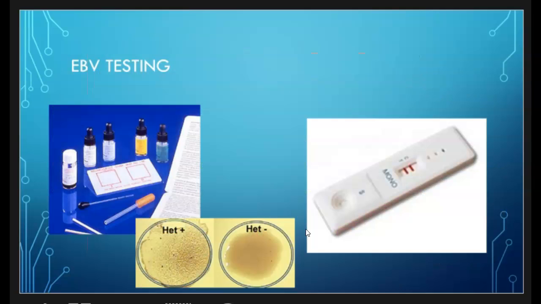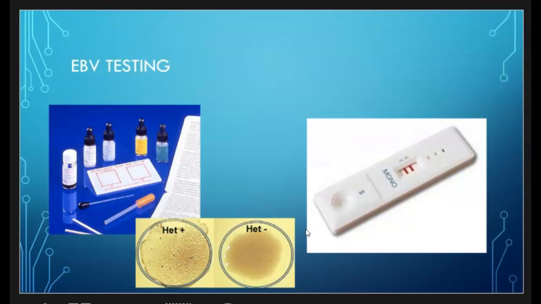Now, in serology, we can do the heterophile antibody. Heterophile antibodies are antibodies that are capable of reacting with similar antigens from 2 or more unrelated species. The heterophile antibodies associated with infectious mono are IgM antibodies, capable of reacting with horse, sheep, or bovine, that means cow, red blood cells.